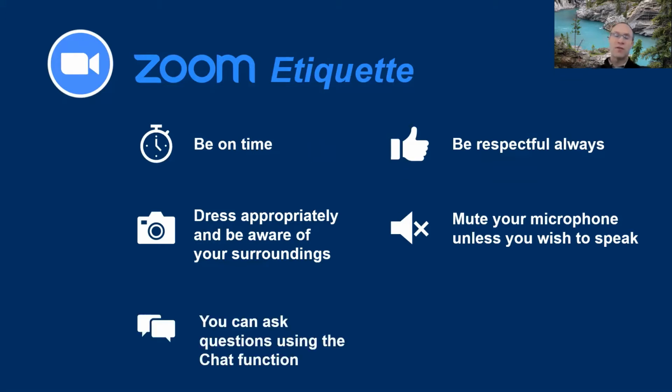You can always use the chat function as well, and I'll answer the question when I get to it in the chat feature of Zoom. Not a problem. Hopefully we'll only be doing this for a short time. Again, I'm not sure what our whole situation is going to be because I may have to quarantine at some point, and if that's the case, then I'll have to teach from home. Or we don't know what kind of restrictions are going to come our way in the future. So we may have to come back to Zoom at some point.